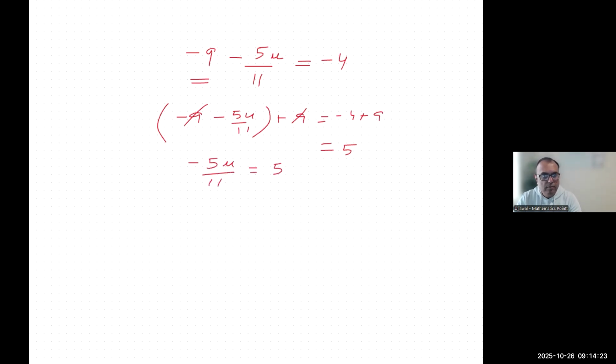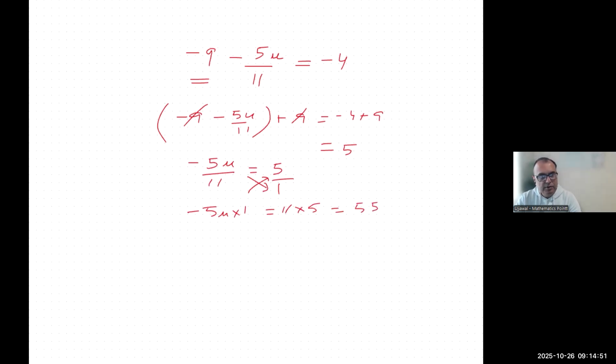And now the famous cross multiplication that we learned last time. You've got two fractions on both the sides. So let's do that. Negative 5u times 1 equals 11 times 5, which is 55.